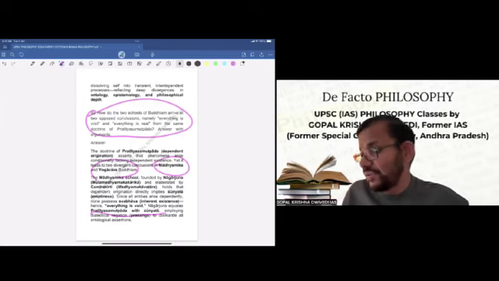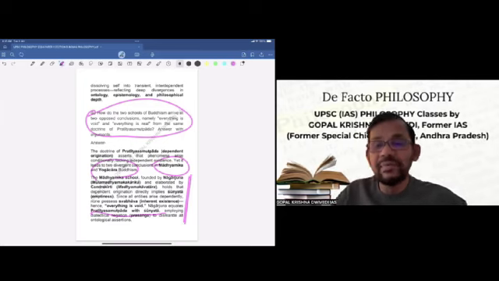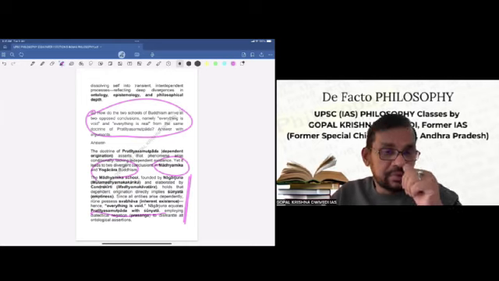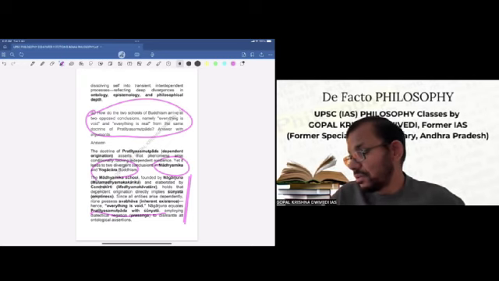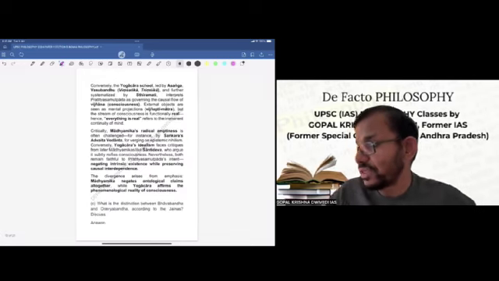So this is basically the Madhyamika view, mainly Nagarjuna's view of Pratityasamutpada as far as Buddhism is concerned. Now we'll go to Yogacara.